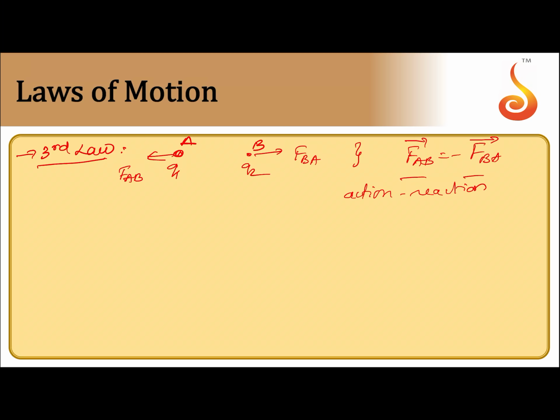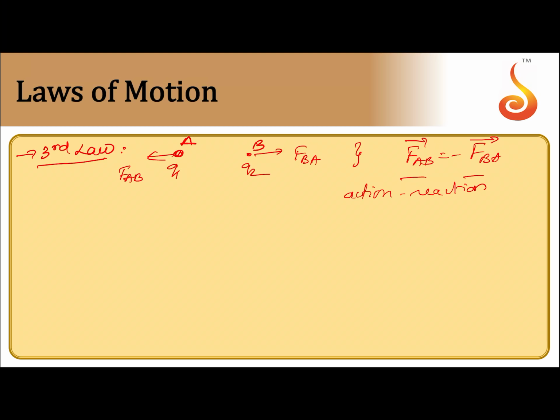So the three laws give us the idea about the role of force on an object. First one tells us force is required to change the state of motion. Second one tells us if you apply a force, what is the acceleration. Third one tells us what happens if I compare the forces on two interacting objects.